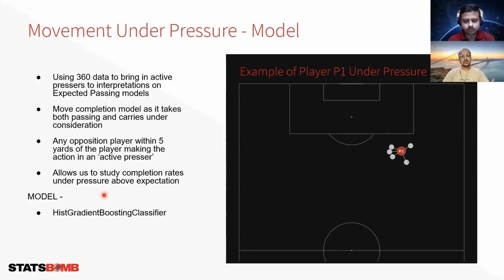So what that typically is, as you can see in the diagram, where player P1 is performing some action and he is being pressed by 5 opposition players. So anyone within 5 yards of the player performing the action would be counted as a pressor and then added to the model to predict whether the action would be completed or not.